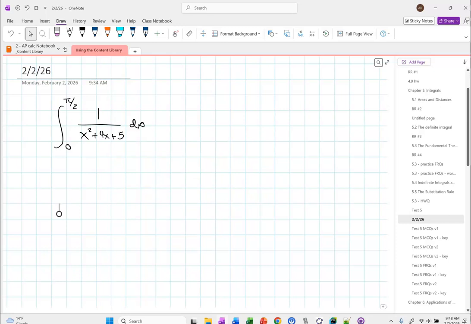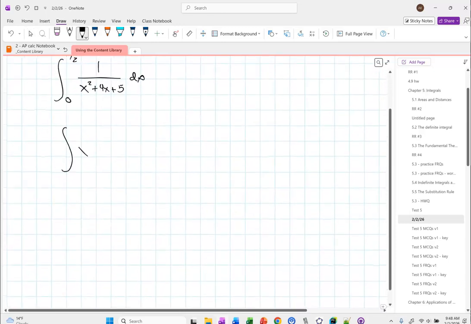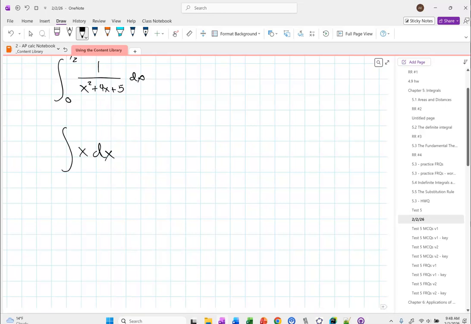I know. So let's say we have this easy peasy integral, right? You guys all know that this is the answer, right? So I can check this.